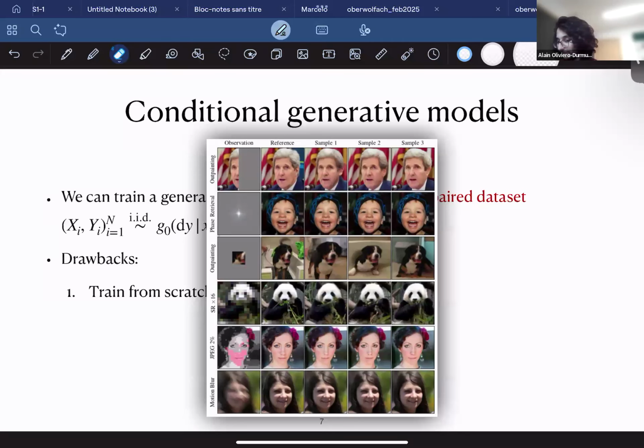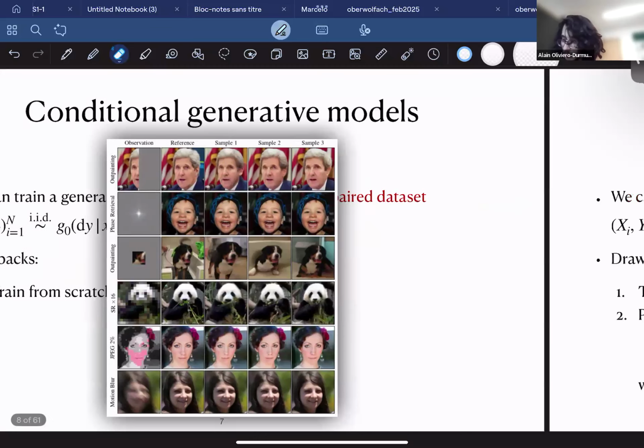So you have a very large number of inverse problems that you would like to solve, and you wouldn't want to train a model for each one. That's why training a model based on observations may not be the most efficient solution.